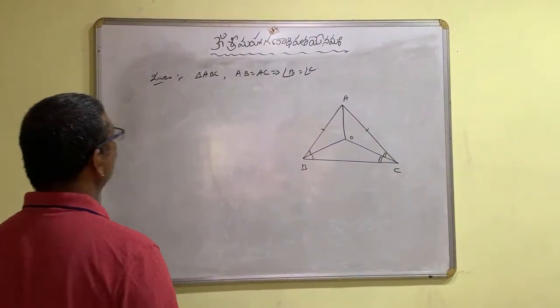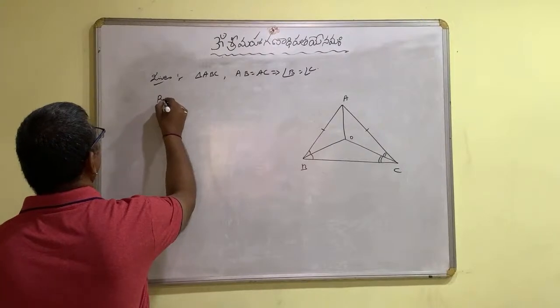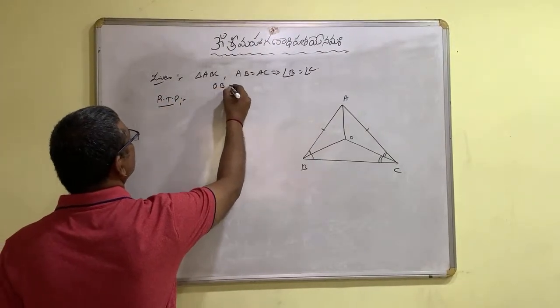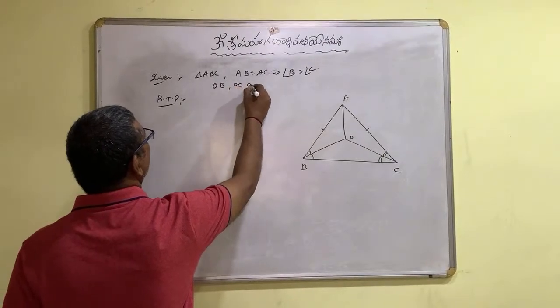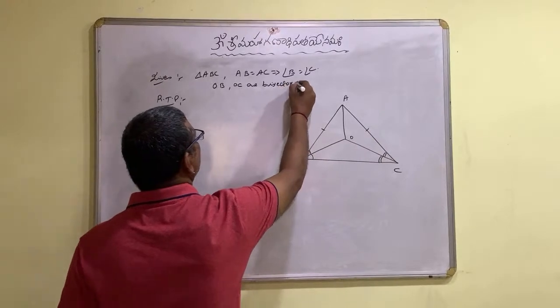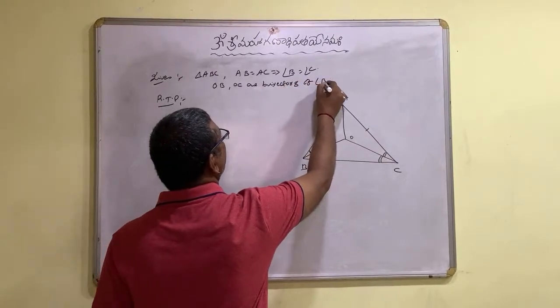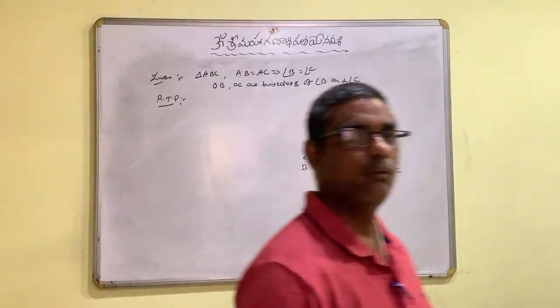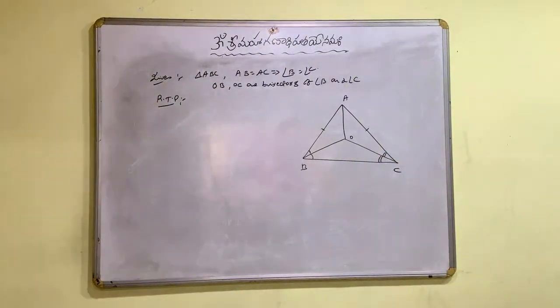Join AO. OB and OC are bisectors of angle B and angle C.